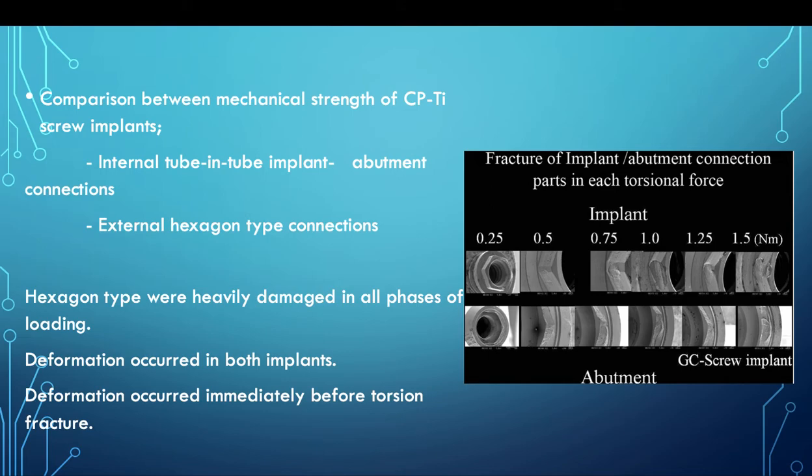The hexagonal type were heavily damaged in all the phases of loading. Deformation occurred in both the implants as shown in figure 6. Figure 6 is the SEM shown on the right. Also, deformation occurred immediately before torsion fracture in all the specimens.